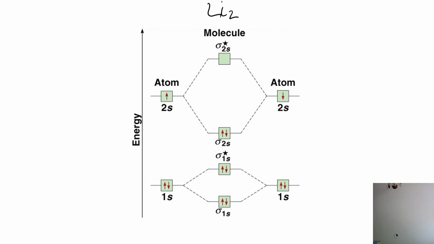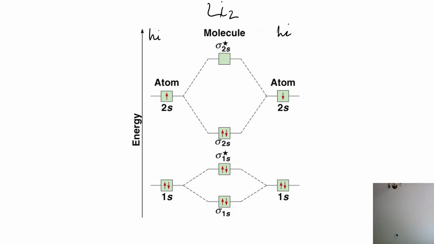So each lithium atom has 2 electrons in the 1s and 1 electron in its 2s orbital. When the 1s orbitals combine, we get our sigma 1s bonding orbital and the corresponding sigma antibonding 1s orbital.